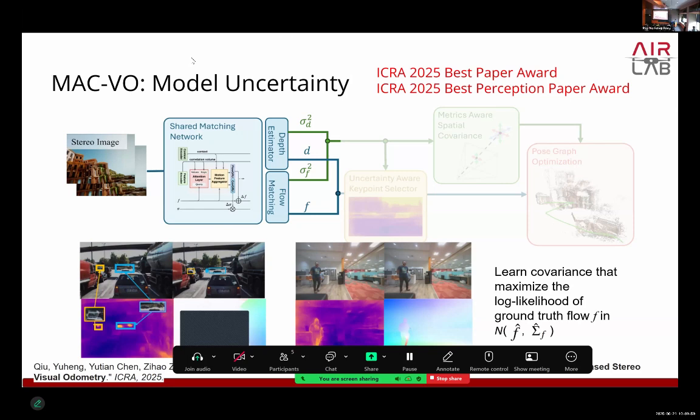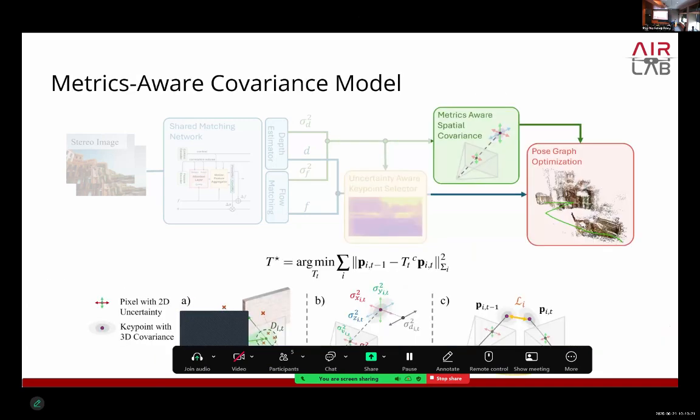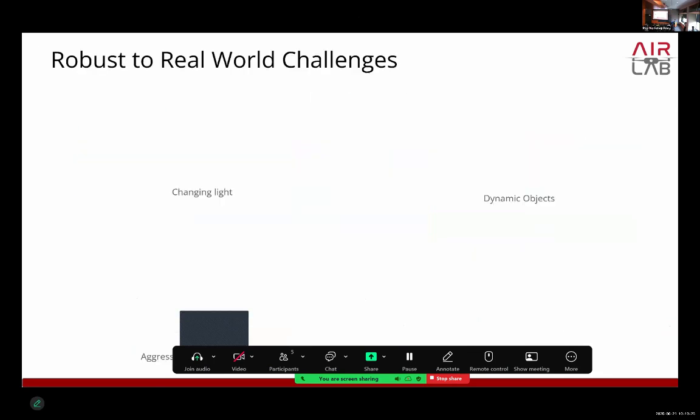You can see on the bottom side, we have 2 images, and we estimate the flow. With this covariance estimation, we can understand which pixels are more reliable. Then based on this covariance model, we filter the features and pick out the most reliable ones. Due to lack of time, I'll skip the details of the algorithm.